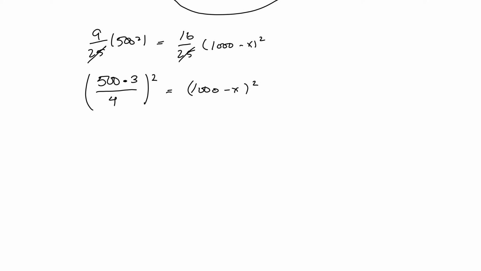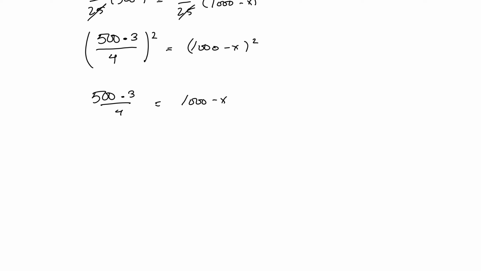So I can take square roots of both sides, and then I'm going to have 500 times 3 over 4 equals 1,000 minus x. And so I want to then solve this for x. So x is equal to 1,000 minus 1500 over 4.